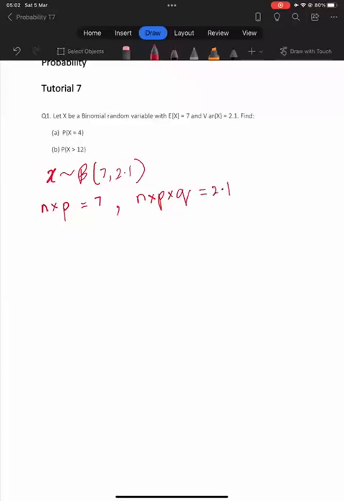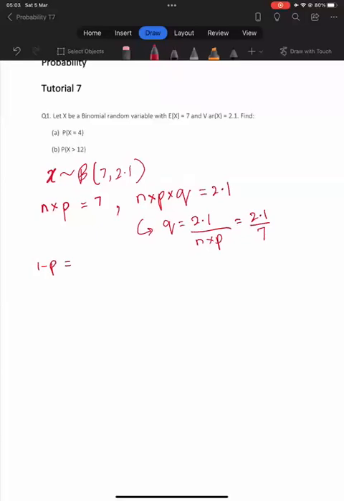From here, we can solve for q, which is 2.1 divided by n times p, which we already have, which is 7. So it's 2.1 over 7. And we know q is just 1 minus the probability of success because it's either success or failure.